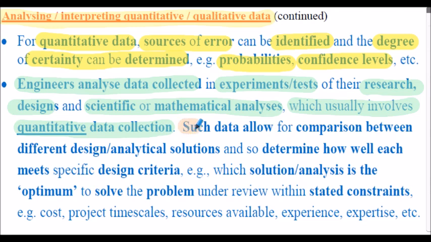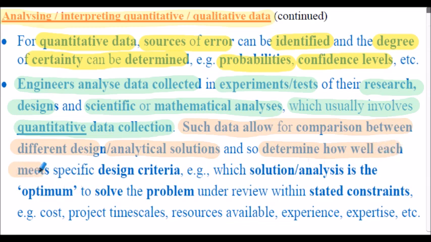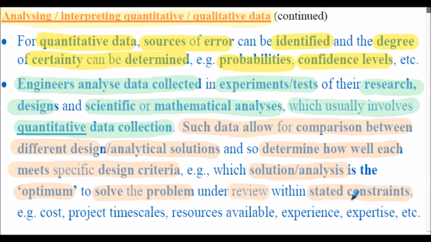The collection of such data allows for a comparison between the different designs or analytical solutions proposed and so the engineer can determine how well each design or solution meets the specific design criteria. For example, which solution or analysis is the optimum to solve the problem under review within the stated constraints. And within engineering, such constraints may include cost, project timescales, resources available, experience, expertise, etc.